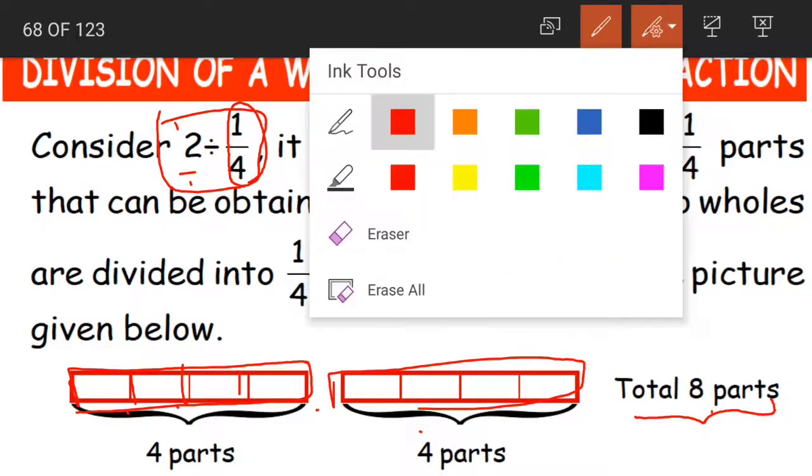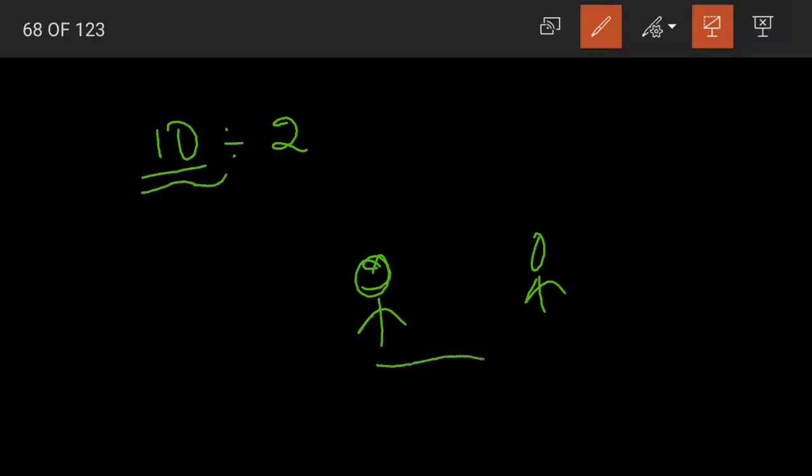See children, suppose I say 10 divided by 2, that means we have two students A and B. When these 10 are divided among these two people, how many will each child get? We will know upon division.